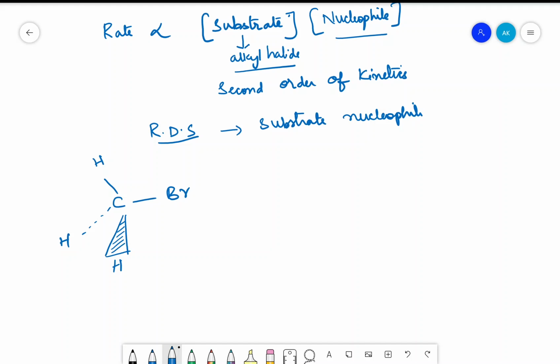Now we have a nucleophile, that is OH minus, which approaches your substrate. This is your substrate, that is methyl bromide.